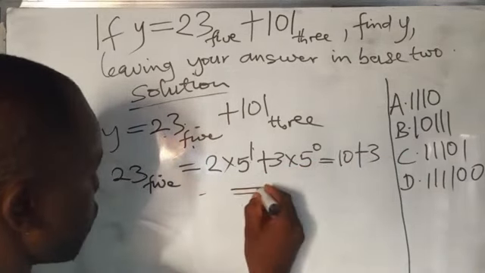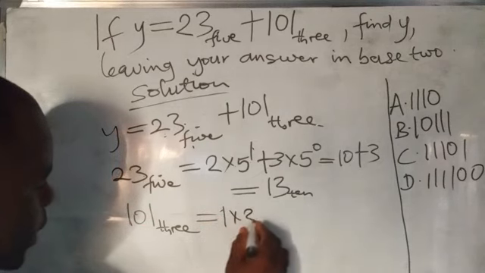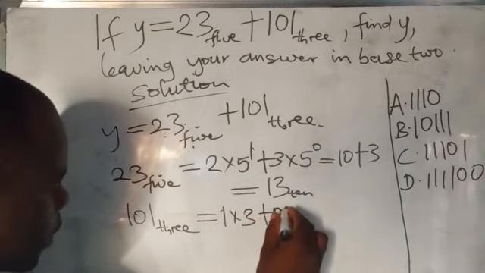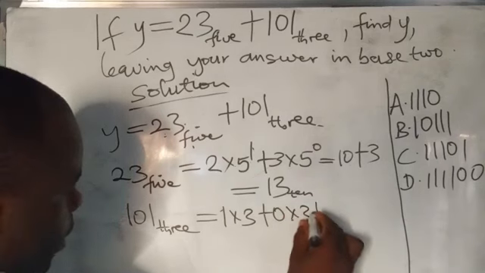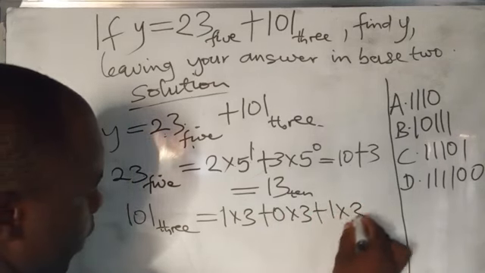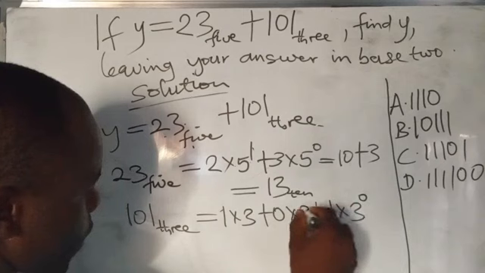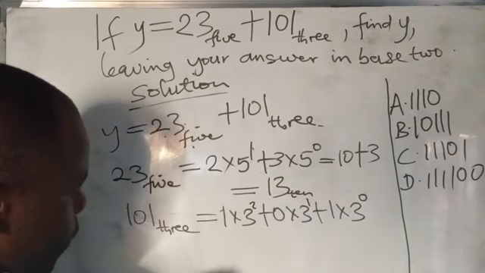We now pick the second base, so that we have 101 base 3 equal to 1 times 3 squared plus 0 times 3 plus 1 times 3, that's powers 0, 1, 2.